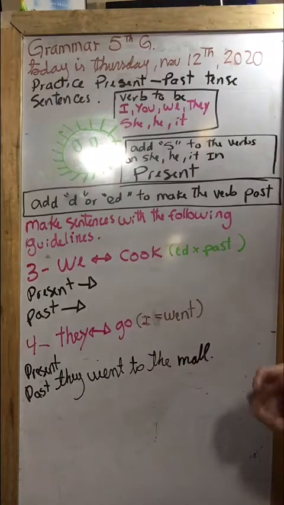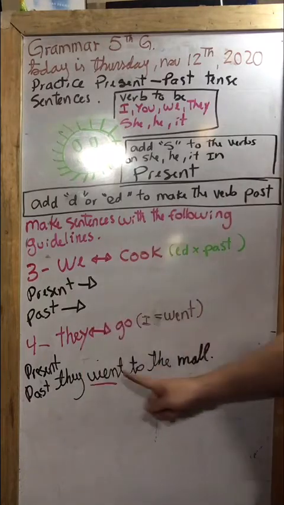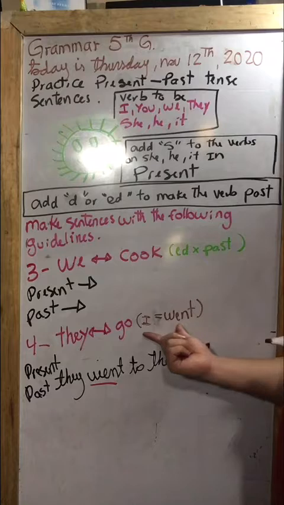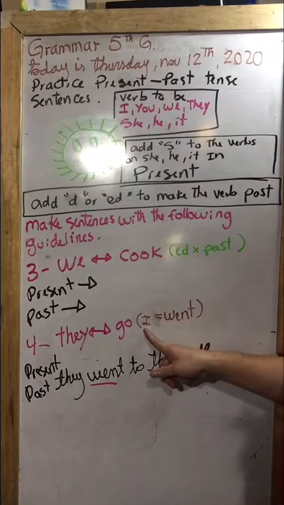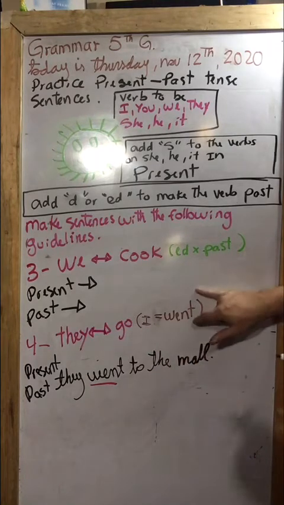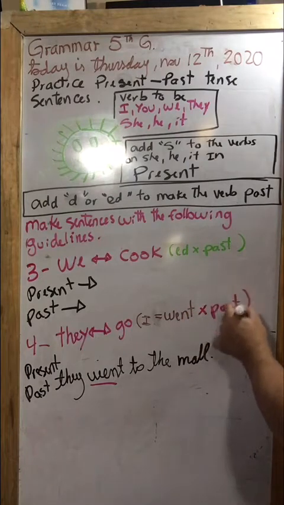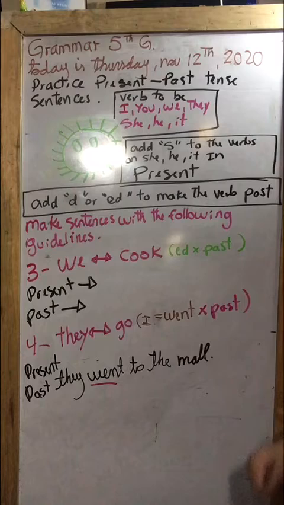So as you can see, the only thing that changes in there is the fact that go is not the form of past. It's actually this. Because it's irregular, then you have went. I'm gonna write in here for past so you don't get confused and you know what to write, okay?